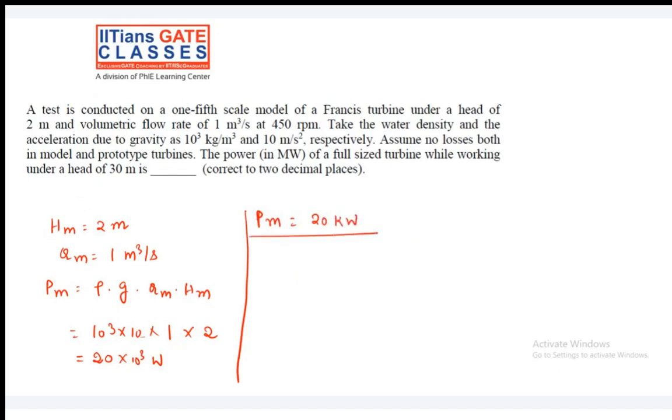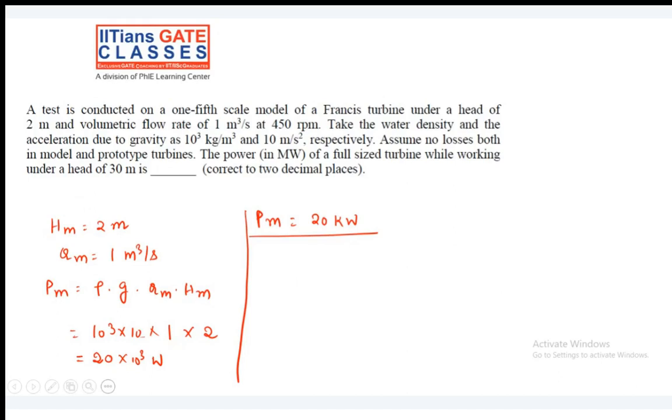Now, model laws we have just now seen. In order to find out the power of the prototype when working under the head of how much? Head of 30 meter.